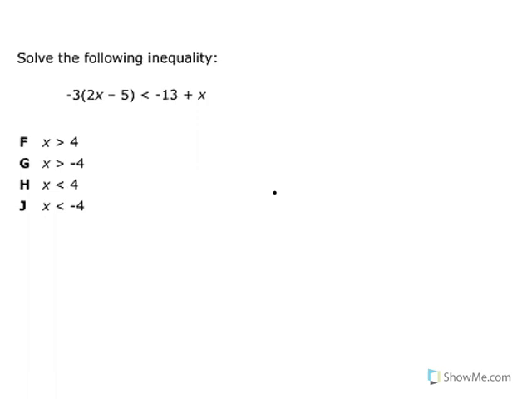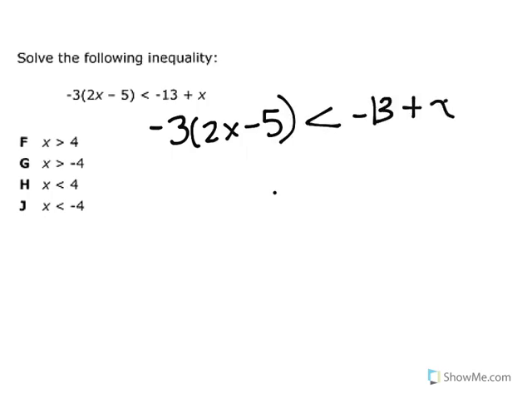So I'm going to rewrite the inequality: negative 3 times 2x minus 5 is less than negative 13 plus x. I'm going to separate my left and right side. I can't do anything yet because I need to do my distributive property.